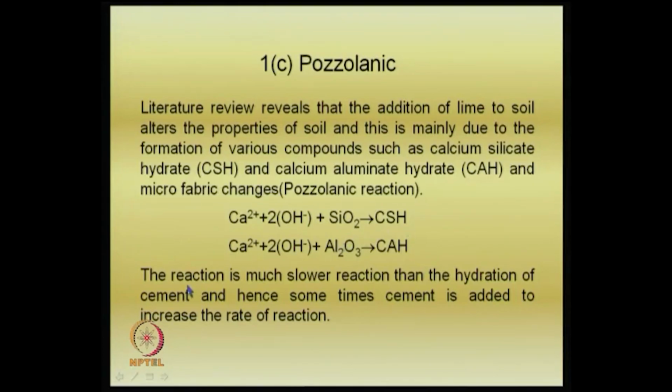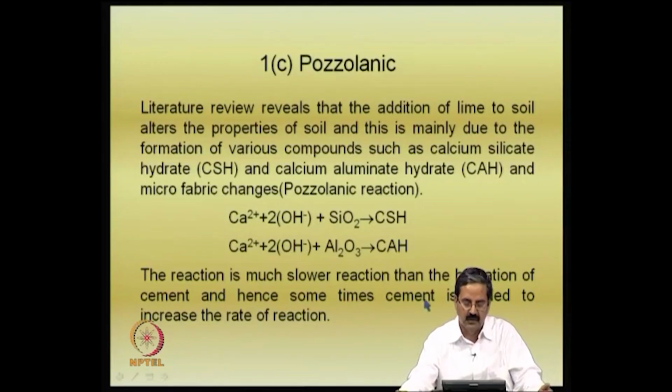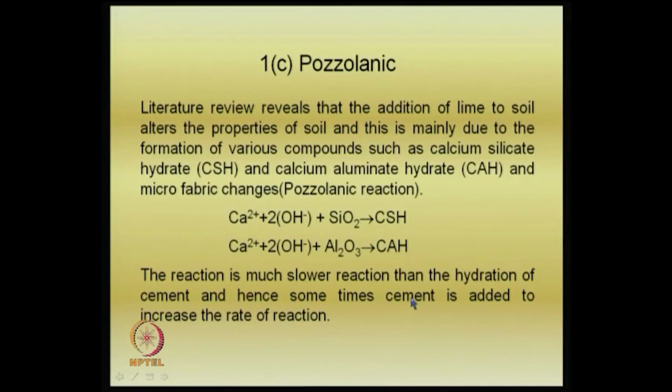So, suppose we have only a lime column, lime plus cement can be added, so that the whole process of putting in the stone columns or lime columns or any of these materials could be faster. So, essentially there are three mechanisms: one is cation exchange, the second is flocculation, and the third is the pozzolanic reaction.